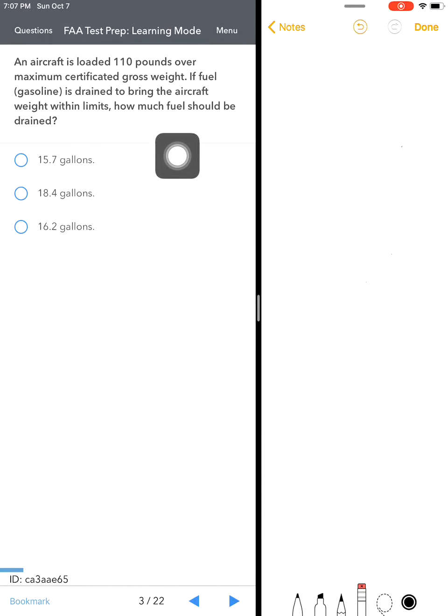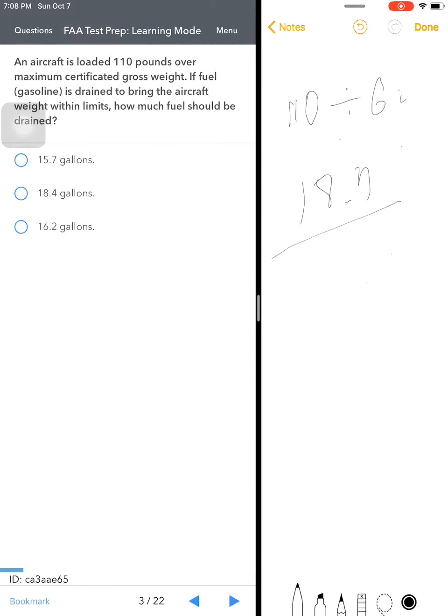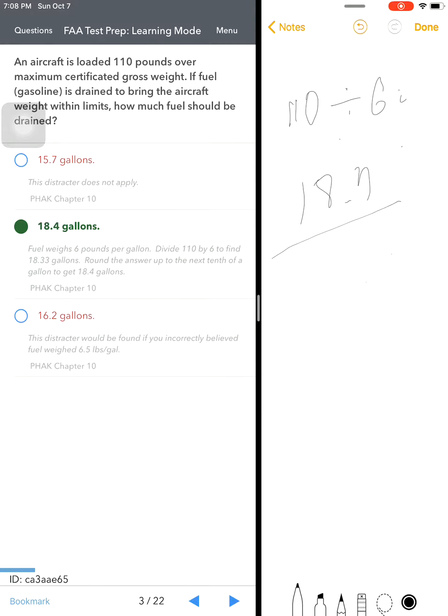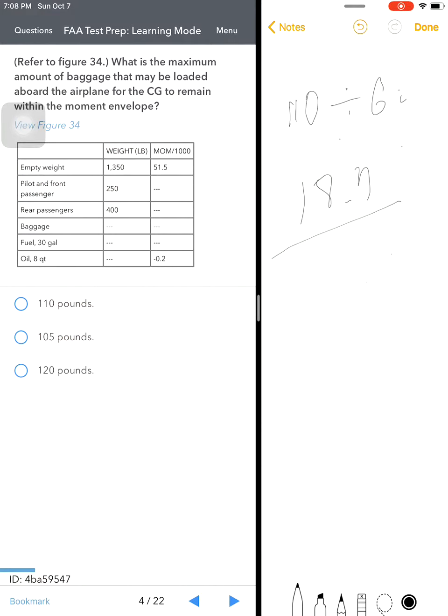We know that each gallon is 6 pounds, so why don't we divide 110 pounds by 6? That's going to give me 18.33 gallons, so most likely 18.4 rounded up, and we are correct. So let's move forward.